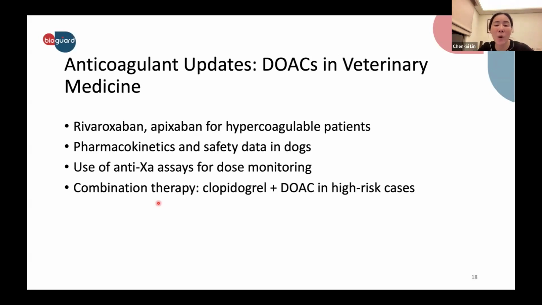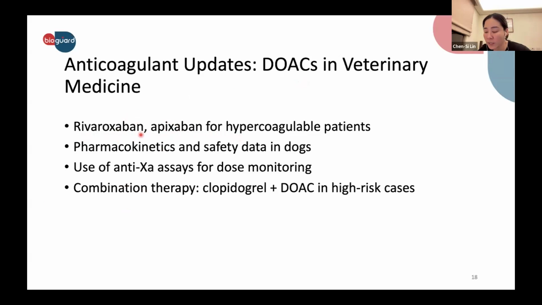So there are also some direct oral anticoagulants that are used in dogs and cats. For example, rivaroxaban and apixaban, these drugs are designed for hypercoagulable patients. And what are these two drugs?